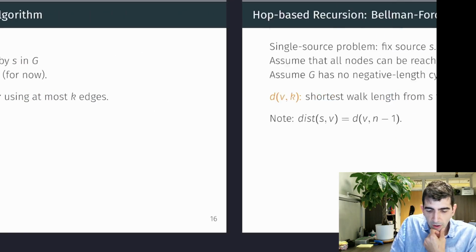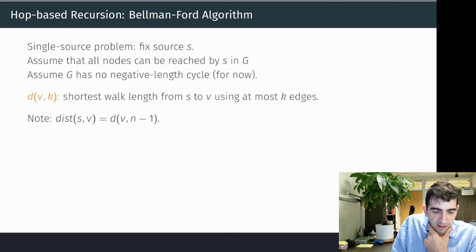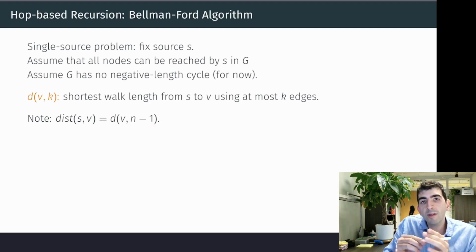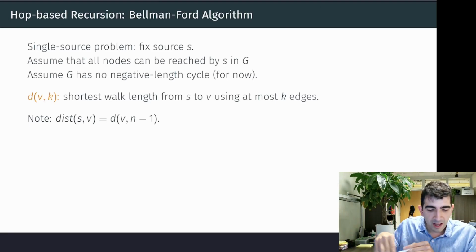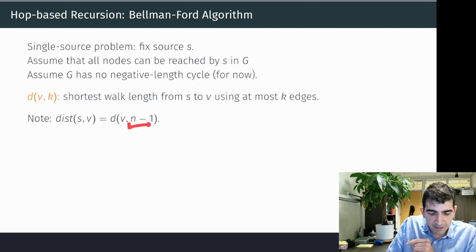Okay, so we say that the distance from S to V is equal to d_v(n minus 1), i.e., the maximum number of edges that you can take for a shortest path is n minus 1, a shortest simple path. Otherwise, you would have a cycle somewhere. So this is the maximum number of edges you could take for a shortest path, and this is the endpoint. And implicit in this function is that you are starting at node S.